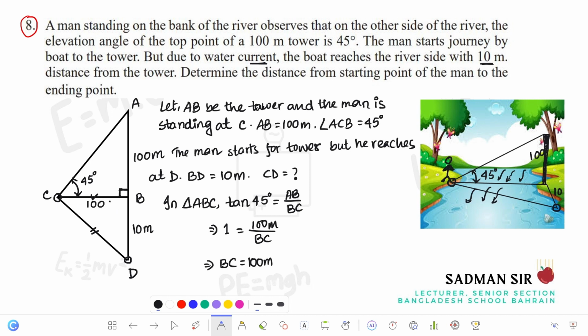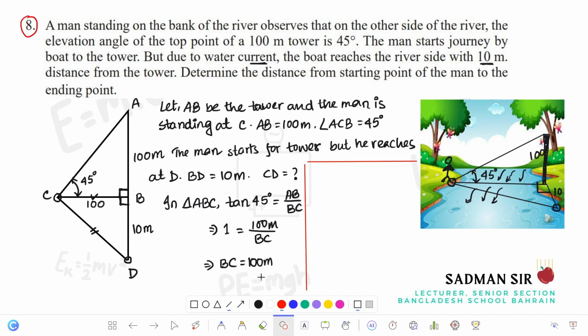Now in this right angle triangle, this angle is also 90 degree, correct? Because this is a straight line, so this is also 90 degree. So in this triangle we can apply Pythagoras theorem. Let us just make a little partition. So in which triangle? BCD. In triangle BCD, according to Pythagoras theorem, this needs to be mentioned.